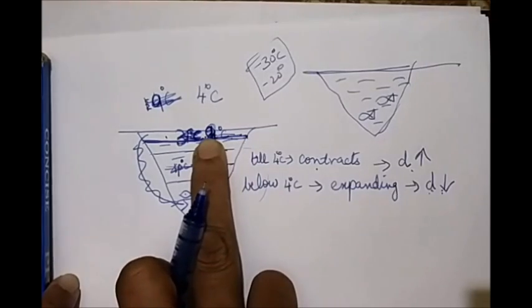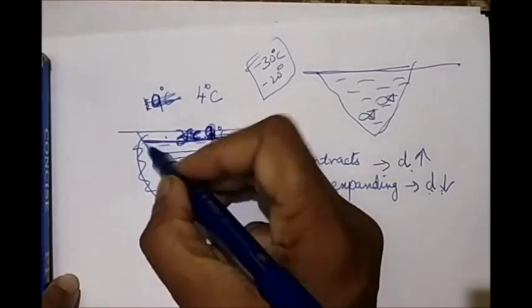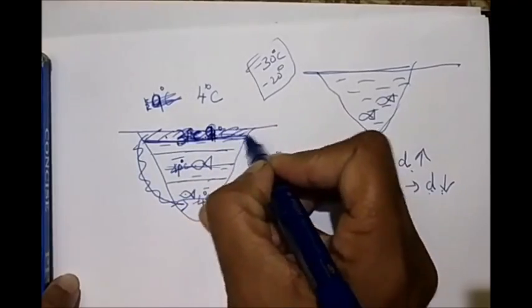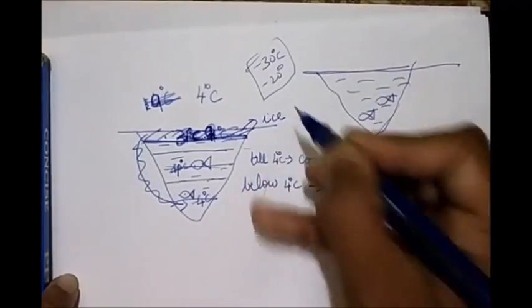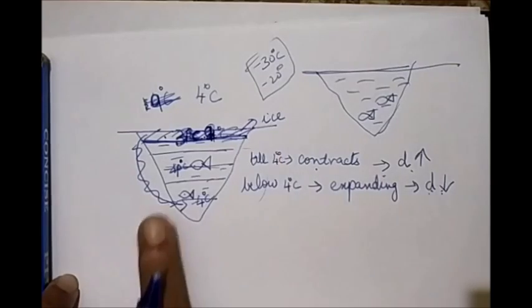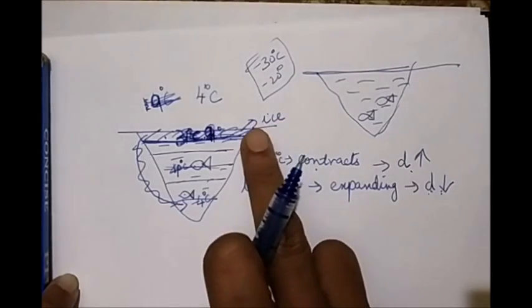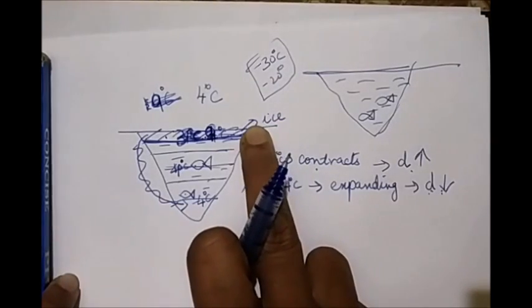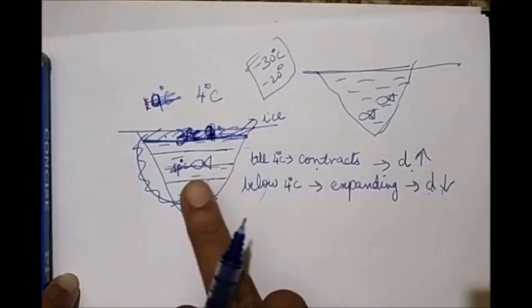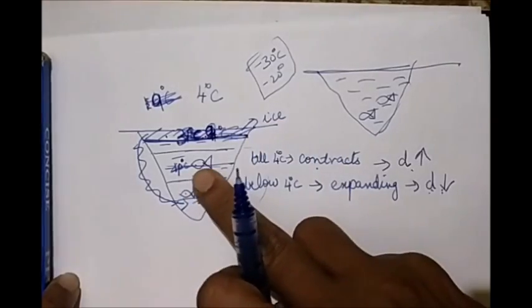You know, once it reaches 0, it starts freezing. So it will freeze and become ice. Now, the layers inside will be at 4 degrees Celsius. They are not going to go below 4 degrees Celsius. Now, ice is an insulator. It will not allow this heat inside.